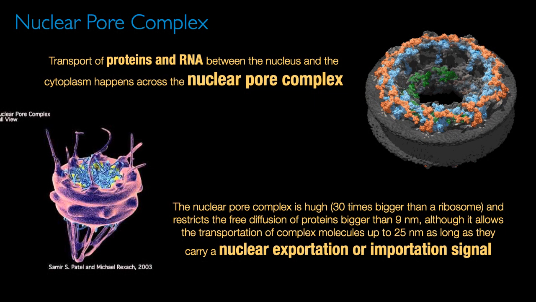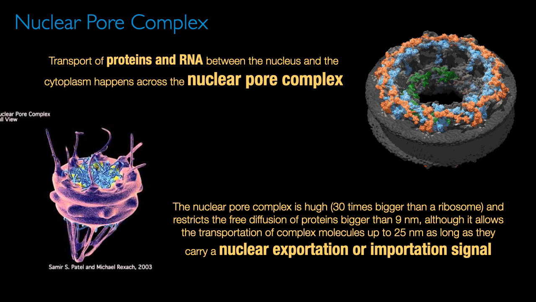Okay, let's go with the tough part of this lecture. As said, big molecules like proteins or RNA need to pass through the nuclear pore complex to go to the cytosol where proteins are produced. This pore is quite big but does not allow the free diffusion of molecules bigger than 9 nanometers.